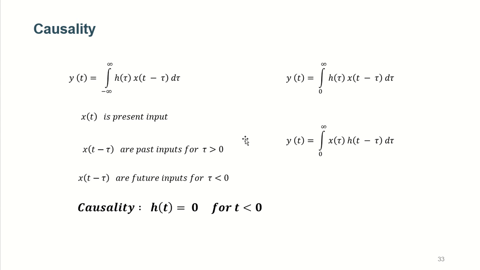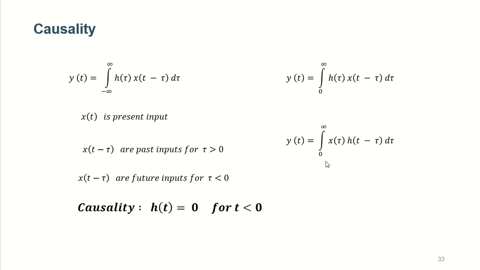So what will the condition be? It will be integral from 0 to infinity of h of tau x of t minus tau d tau. For all the negative values you are not considering.